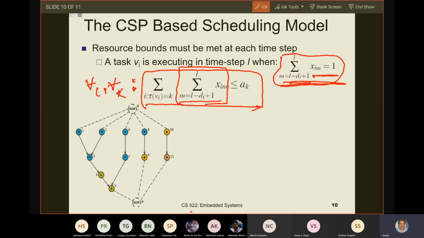So in the inner summation, you are using a Di and an xim, where i denotes the task. Which tasks can be considered in the inner summation? Not summation over all tasks, only those tasks which are to execute on my current type of processor. Are you with me?